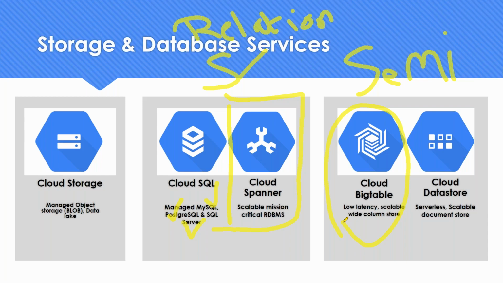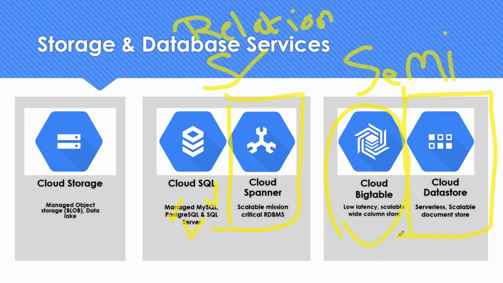Not everybody will have petabytes of data. They may have a smaller requirement, maybe a TB or less than a TB. If you have such a requirement, you have a miniature version of Bigtable called Cloud Data Store.